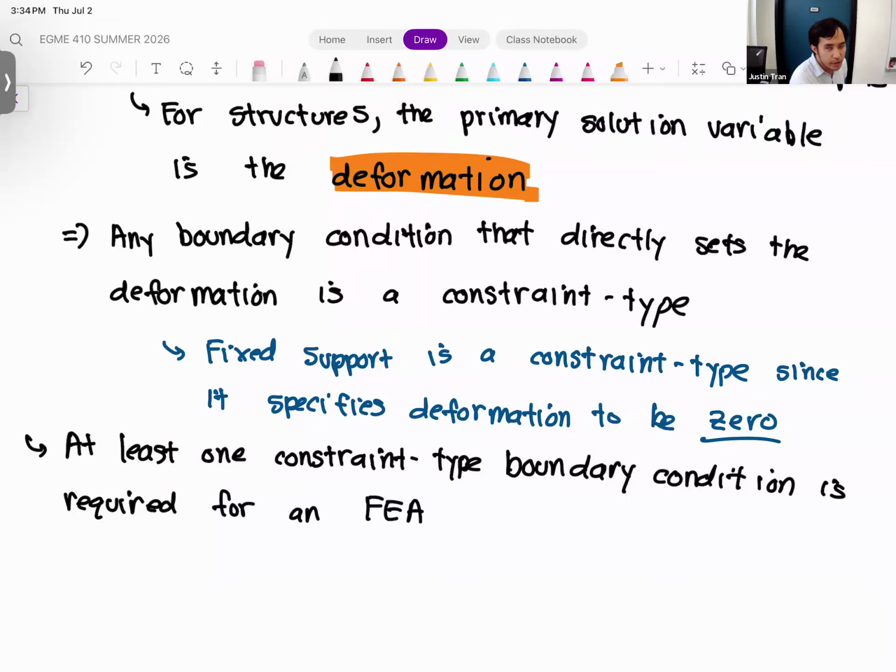There are niche situations where you can get away without applying a constraint type boundary condition. Most notably, if you're able to apply forces in such a way that all the forces cancel out, you can get away without a constraint type.